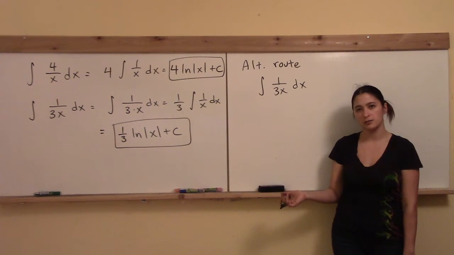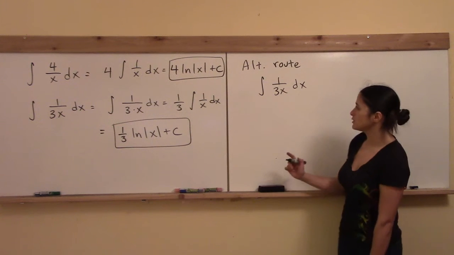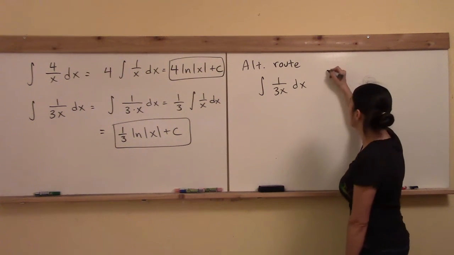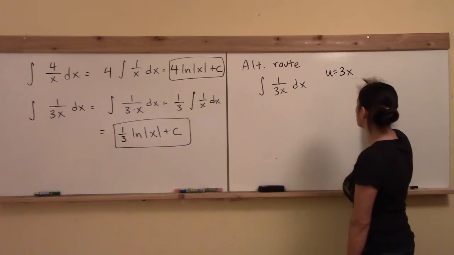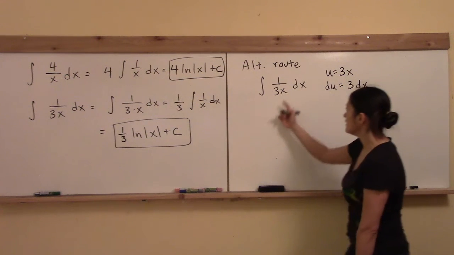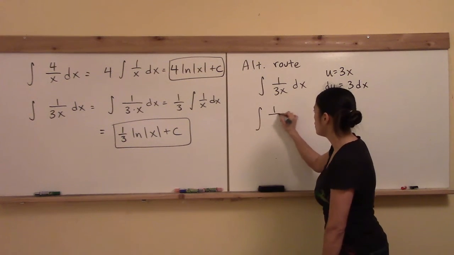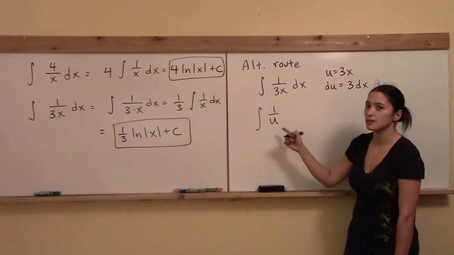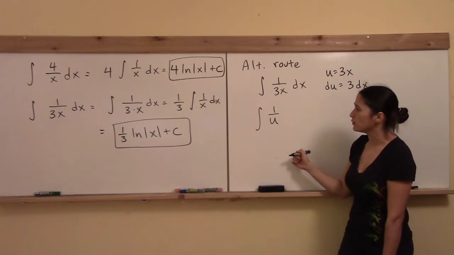Did that come across your minds at all? Maybe for some people you were thinking, well, I have 1 over some stuff, right? So if I let u equal that stuff, 3x, and then du was equal to 3 times dx, then really I would have 1 over u. And I know that the integral of 1 over u would be the log of the absolute value of u.